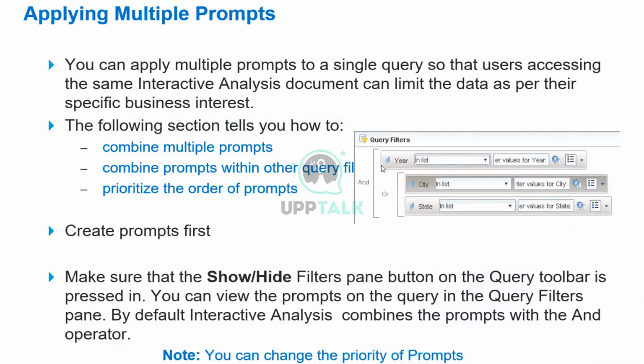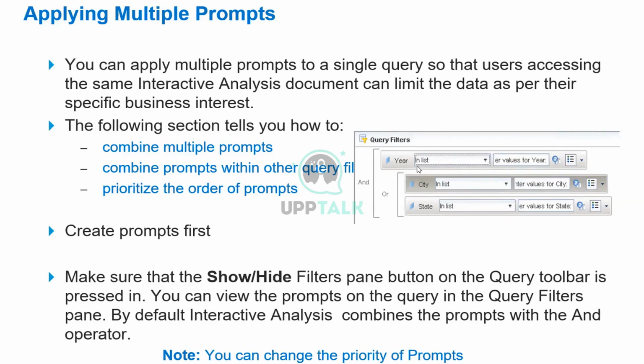We can also apply multiple prompts. As I told you, your city and state can be under it also. If we apply an AND operation, it would check for year in list values, and city and state. It will check whether these conditions match, and then it will give the report.